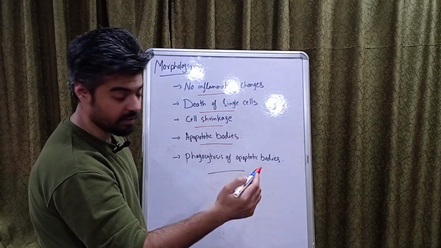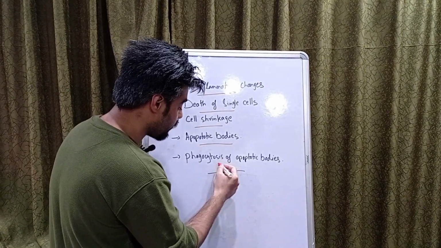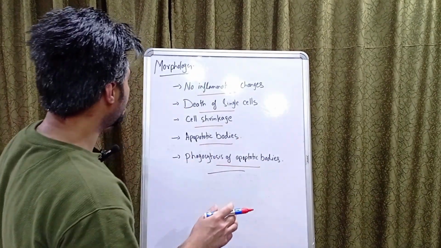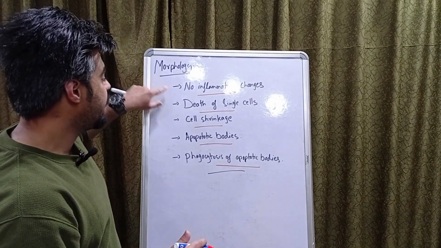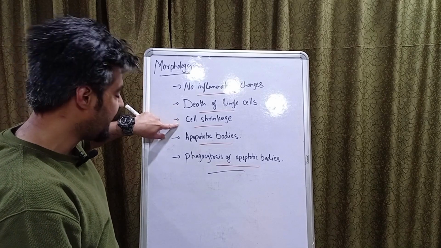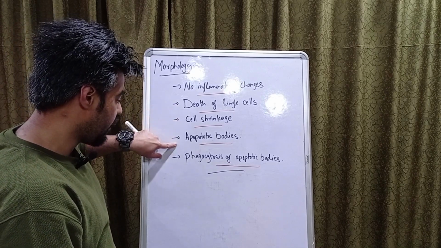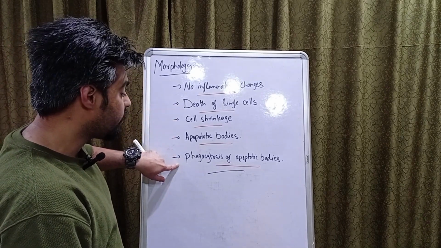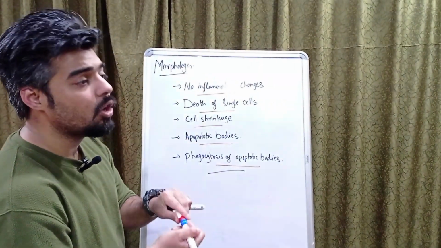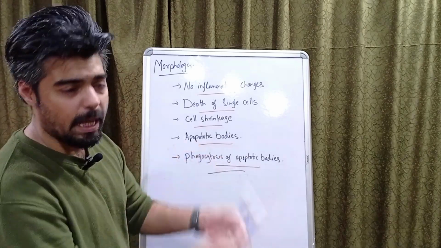Apoptotic bodies will be present, and you will see phagocytosis of apoptotic bodies. Repeating it once again, the morphology: no inflammatory changes, death of single cells, cell shrinkage, apoptotic bodies, and phagocytosis of apoptotic bodies.